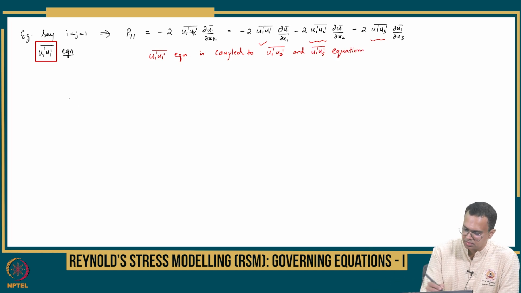Now I take i equal to 1 and j equal to 2. So I get the u1 prime u2 prime equation.